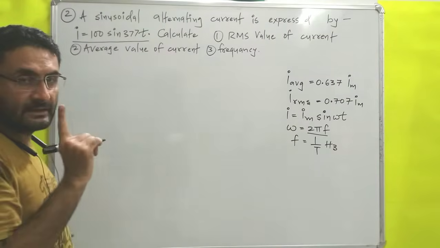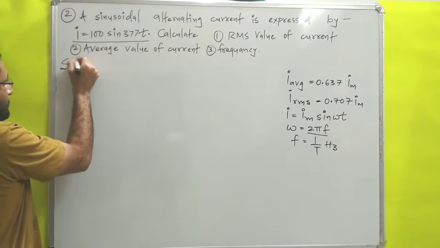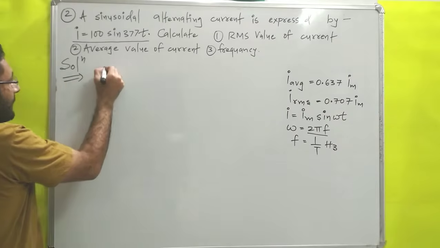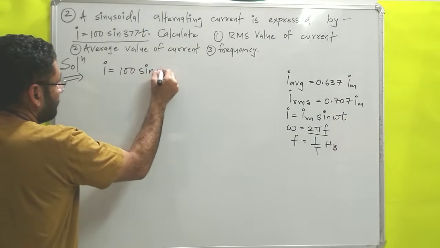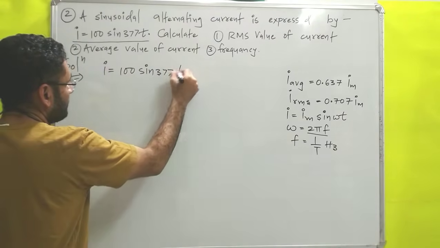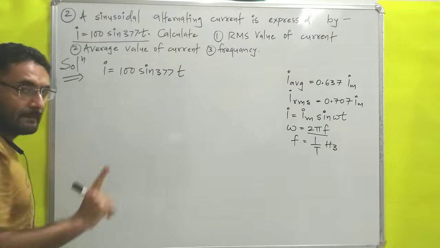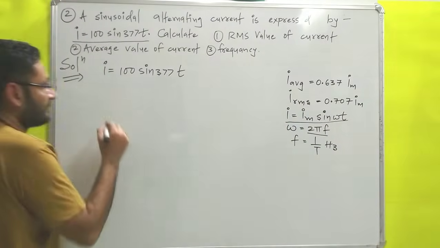First of all, I will write that equation in the solution: I equals 100 sine of 377t. Now we will compare this equation with our standard equation, which is I equals Im sine omega t.